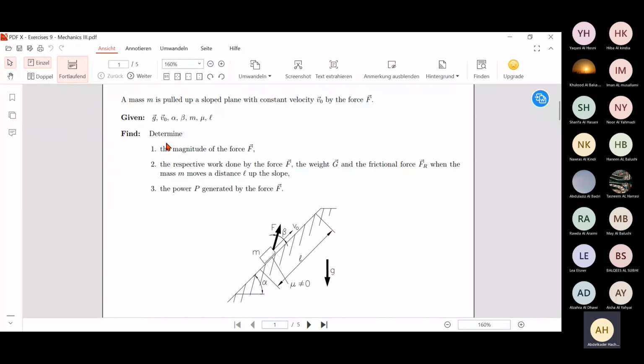What it asks for is to determine the magnitude of the force F. As you can see here, F is not given. Then the respective work done by the force F, the weight G, and the frictional force Fr when the mass M moves a distance L up the slope.